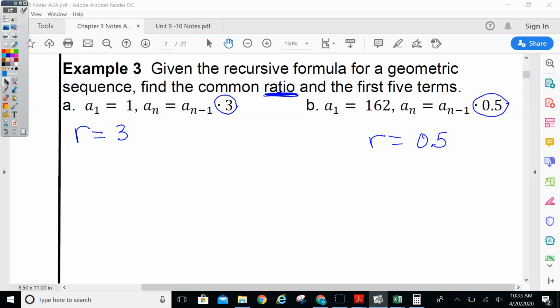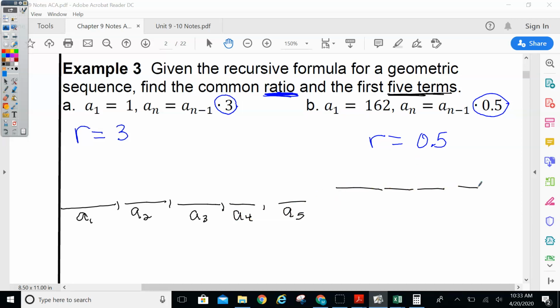Now we want to find the first 5 terms. What I like to do, when it asks for the first 5 terms, is put little spaces. So here's the first one, we call that A1, and then A2, A3, A4, A5. So over here, 1, 2, 3, 4, 5.